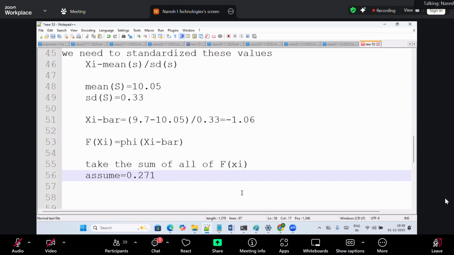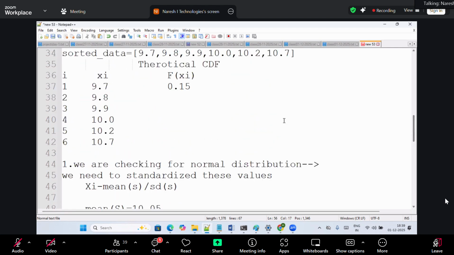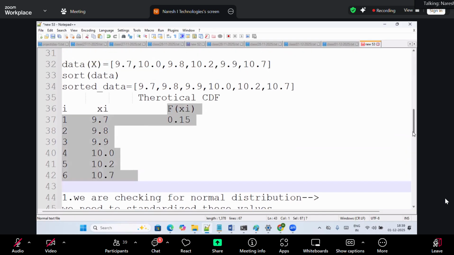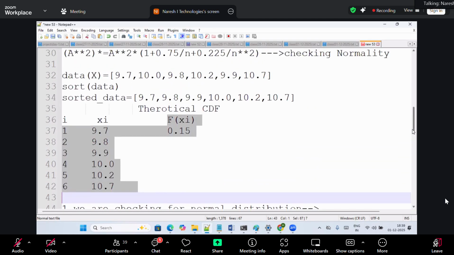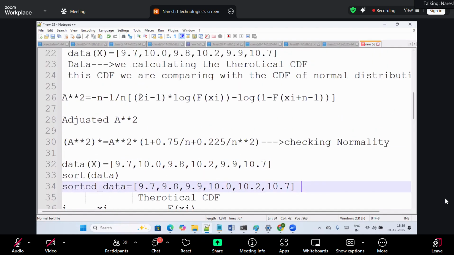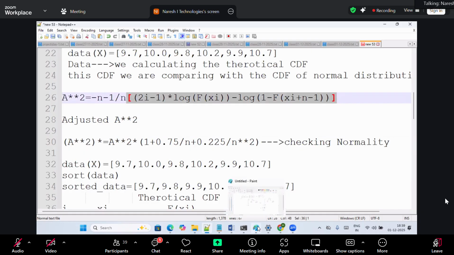This is the value you got, the summation of f of xi, because you calculate the f of xi, then you take the summation of all these f of xi. So once you got this summation, you are getting the value of this portion, the portion from here to here. Now what you need to do, once you got this value.